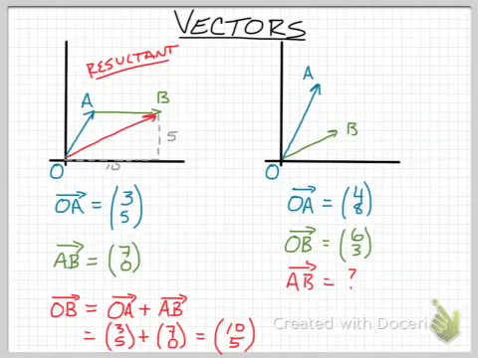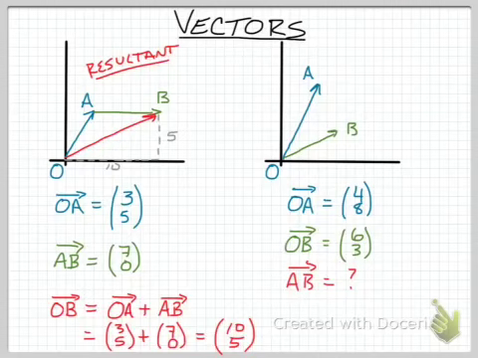Now we want to know what position vector AB is, our resultant vector AB. If you notice the difference between this second example and the first example: in the first example we have OA and AB, we call it heel to toe. So the bottom of the arrow of AB meets the top of the arrow of OA.